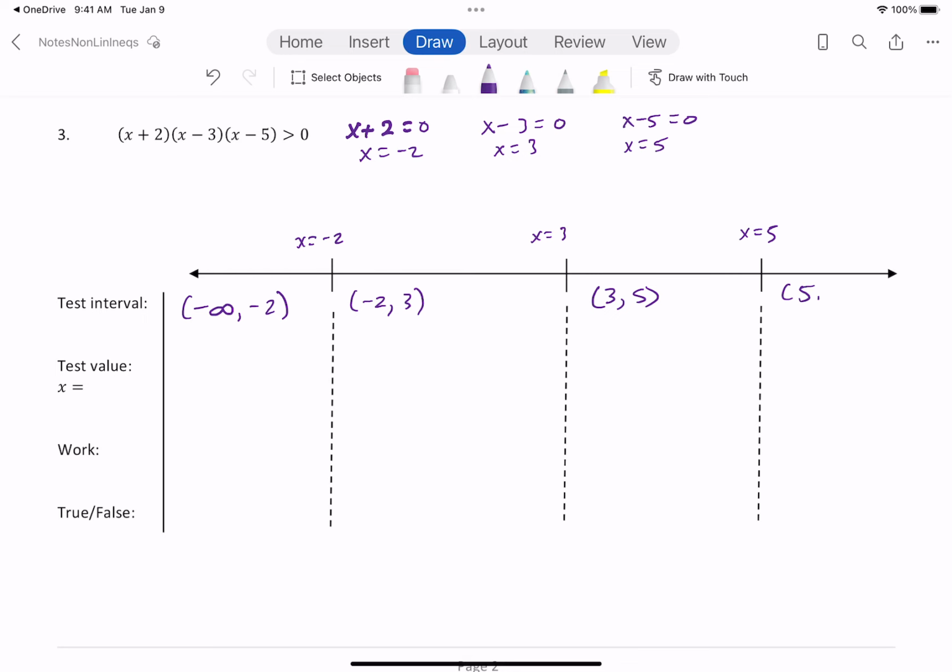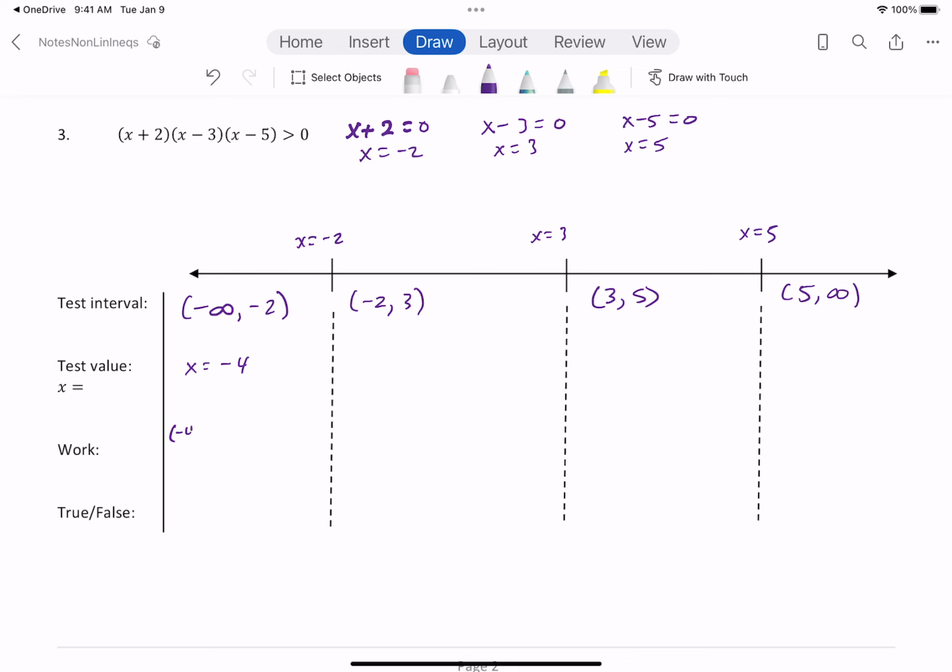And then finally the last one is 5 to infinity. So of course we have to choose 4 test values this time. So the first one is anything to the left of -2. So I chose -4. You can choose anything that's in that region.